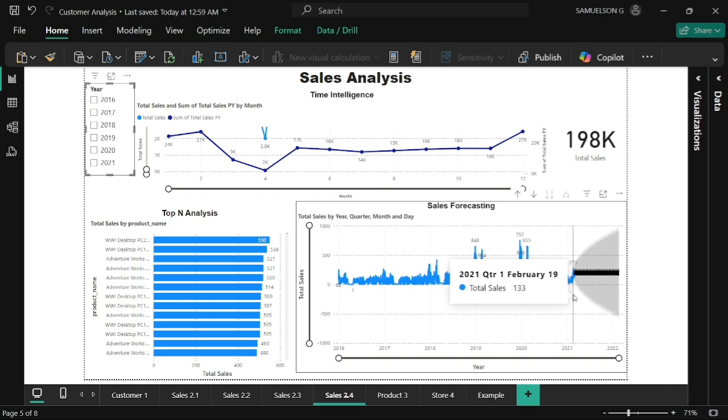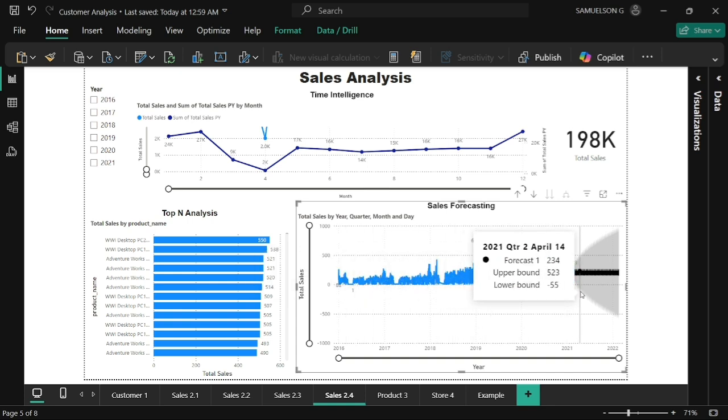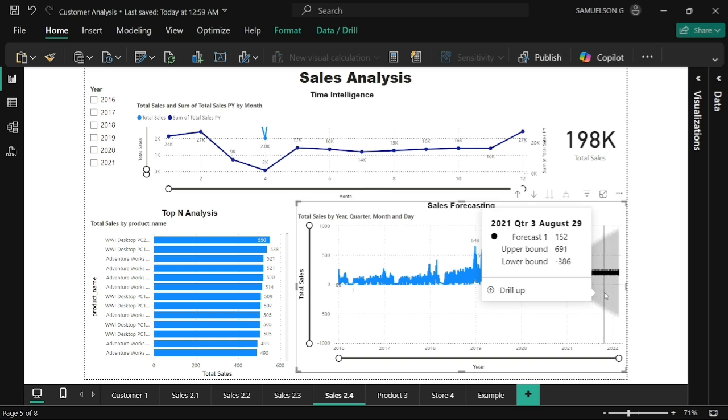Afterwards we will predict how the selling is going. You can see it's up and down. Sometimes it's selling 355 and it's going 117 only they sold. This is total sales, means how many products they sold.